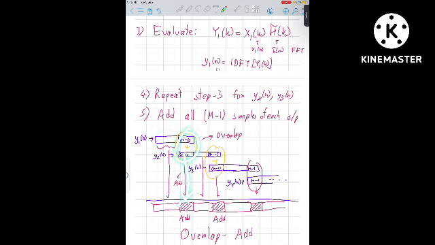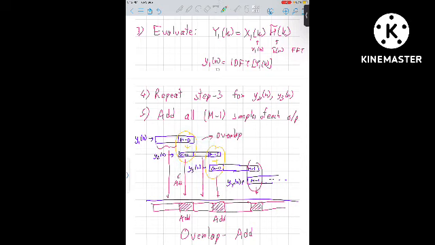There is an overlap and there is an add, so this is why it is called the overlap add method. And where is the FFT being used? It is being used in the x1 of k times h tilde of k calculation.